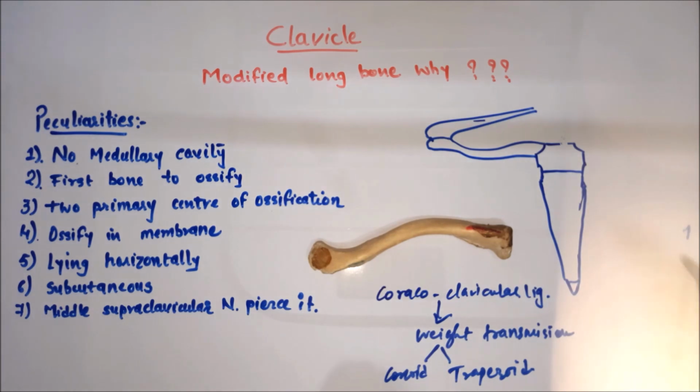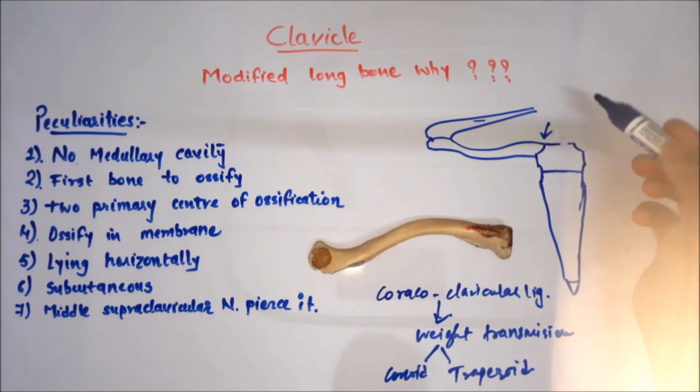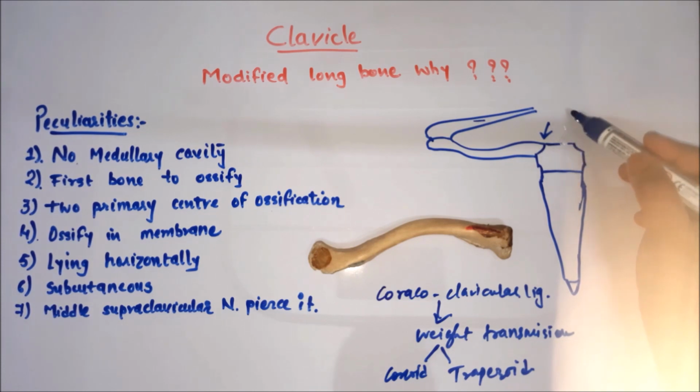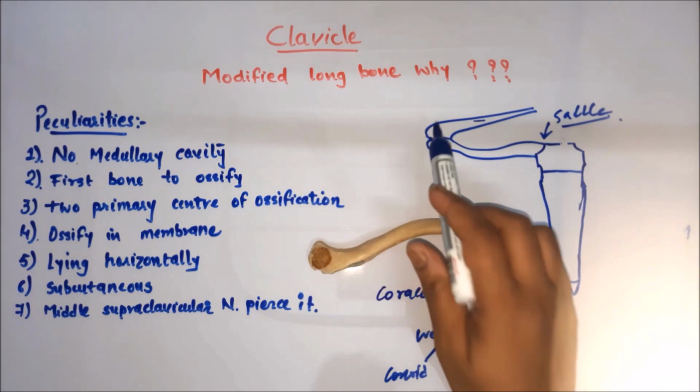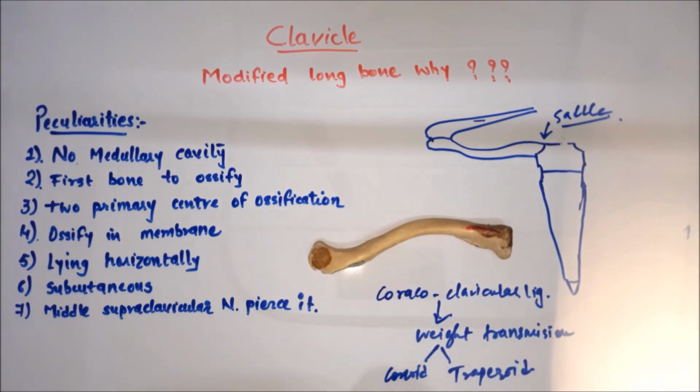Another question that can be asked is what type of joint the joint between the sternum and the clavicle, the sternoclavicular joint, is. It is the saddle variety of synovial joint. The acromioclavicular joint is the plane variety of synovial joint. And the clinical condition related to the clavicle is the absence of the clavicle, which is known as cleidocranial dysostosis.